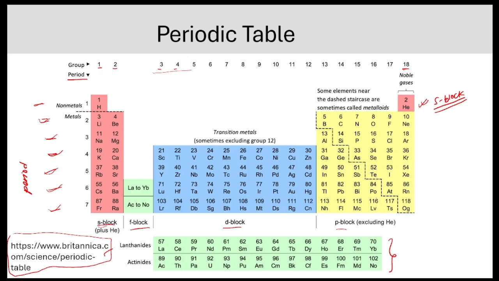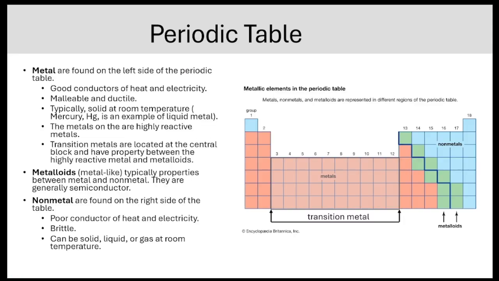And after that, as we say, we can classify all these elements into three categories, namely metal, metalloids, and non-metal. If we look at this table here, all these materials are color coded.